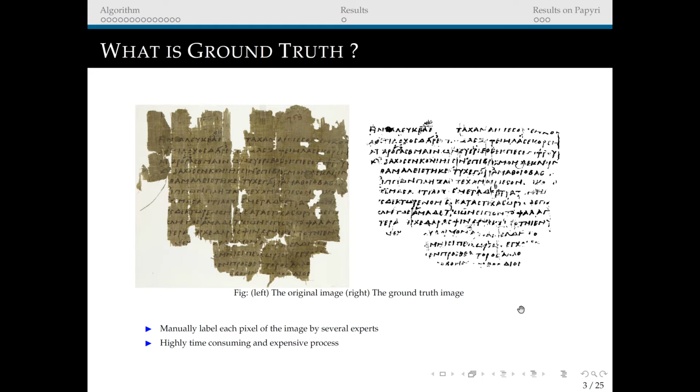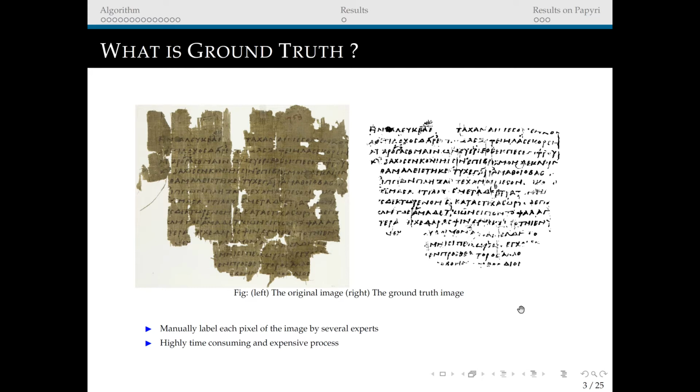If your image is maybe 500 by 500, a very small image, you have 250,000 pixels to label. And if you do it with 5 experts, it's a huge task.